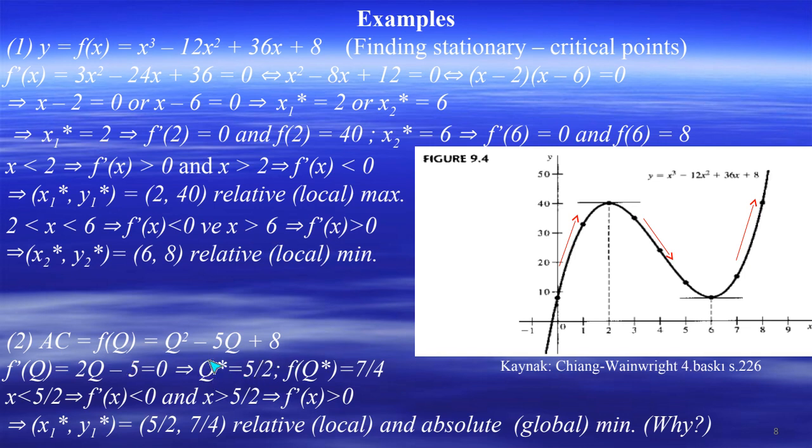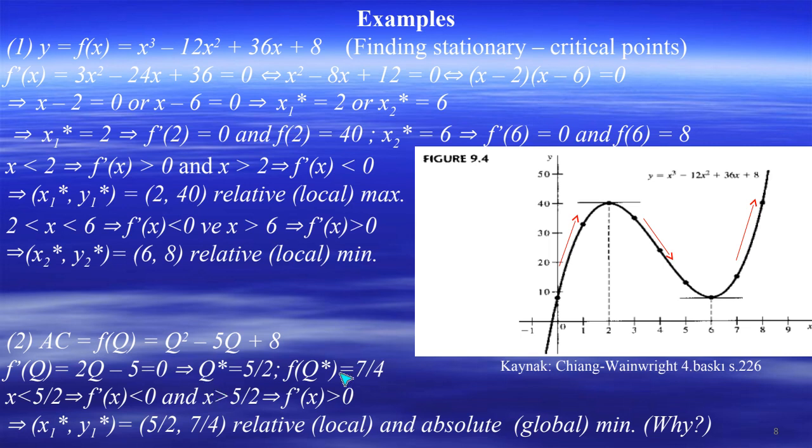And after, when the quantity produced or sold is greater than 2.5, the first derivative is positive. So we first go down and then up.